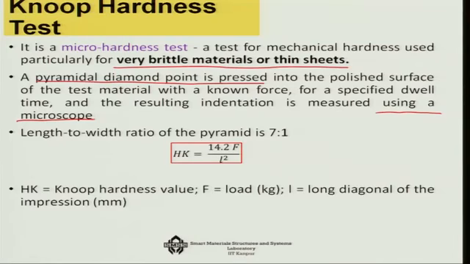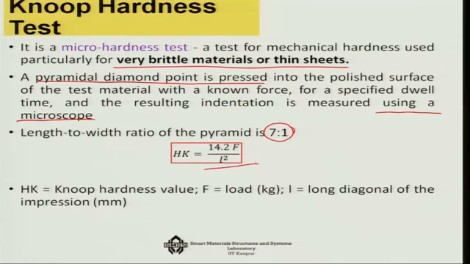The length to width ratio of the pyramid is maintained as 7:1. Then you can find out the Knoop hardness value, where F is the load in kg and L is the long diagonal of the impression. You can use this relationship to get the Knoop hardness value.